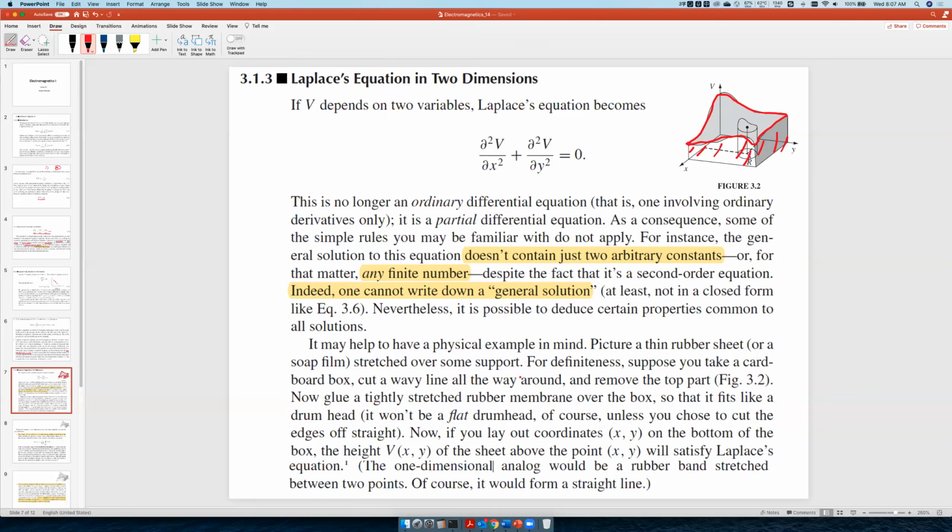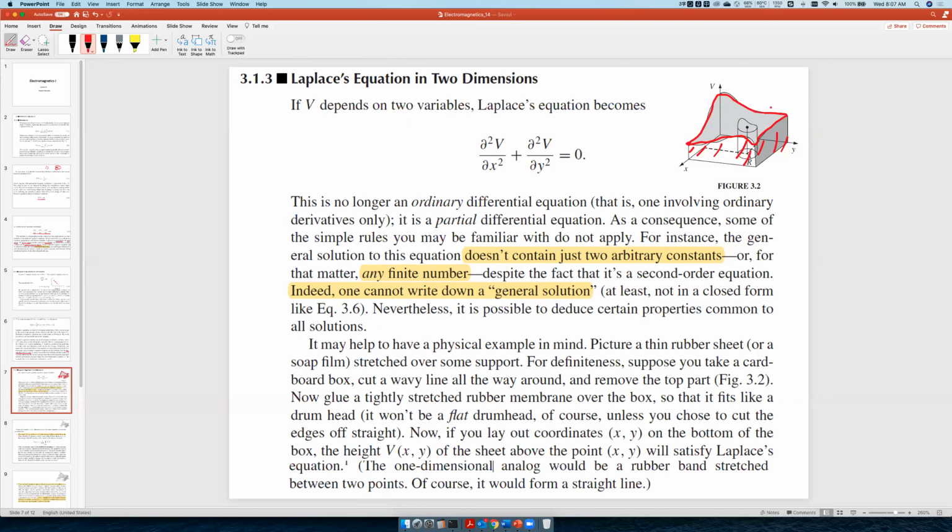This is your rubber membrane, so that it fits like a drum head. Now you generate a drum, but it's not a flat drum head, of course, unless you choose to cut the edges off straight. But it's not straight, it's wavy. So now if you lay out the coordinates x, y on the bottom of the box, the height v(x, y) of the sheet above the points will satisfy the Laplace equation.